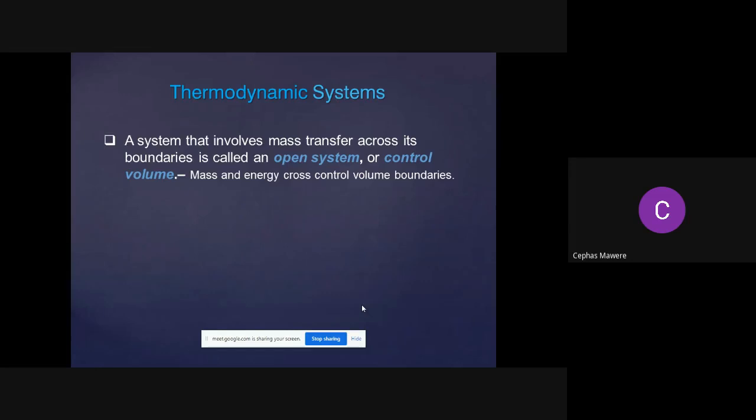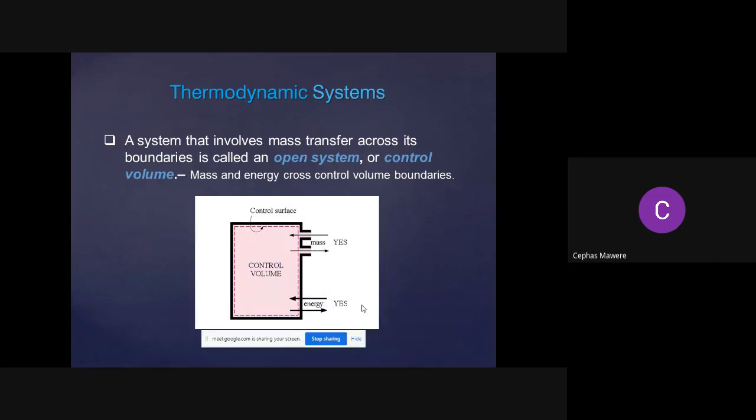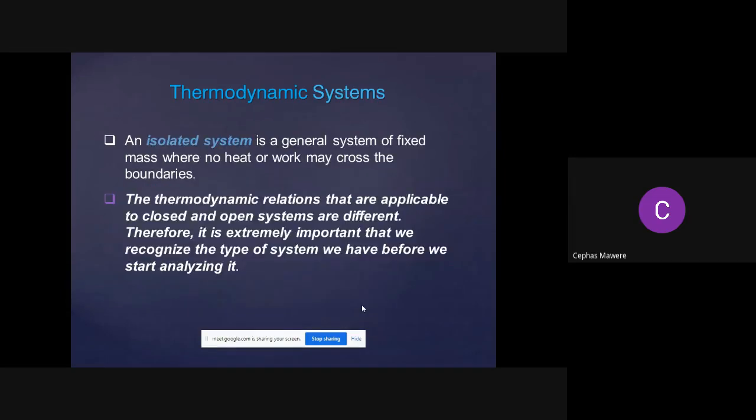We also have what we call an open system or control volume. And so in this case, this allows both the mass and the energy to move in and out of the system. Then we have what we call an isolated system, which is a general system of fixed mass where no heat or work may cross the boundary.